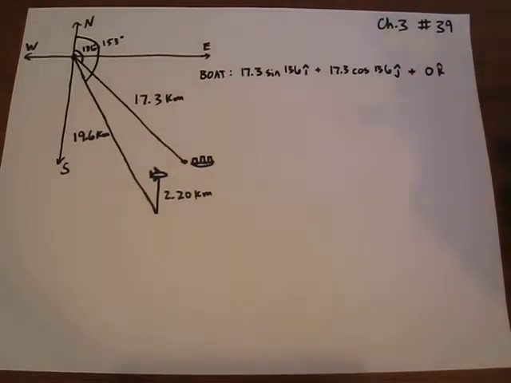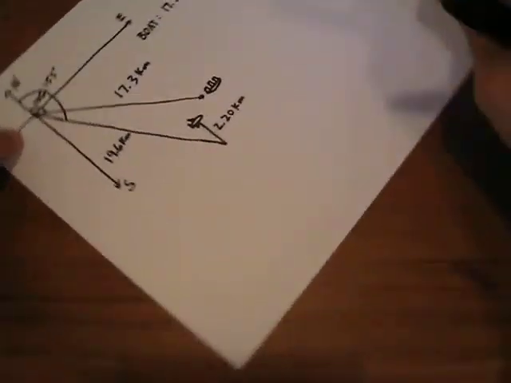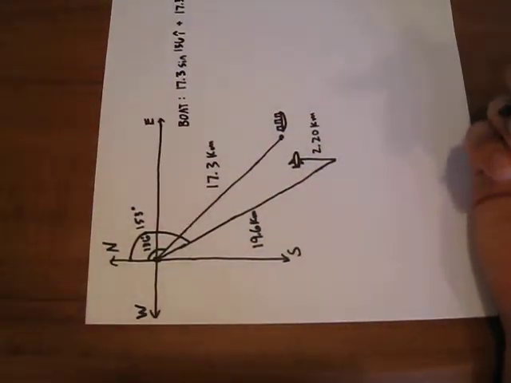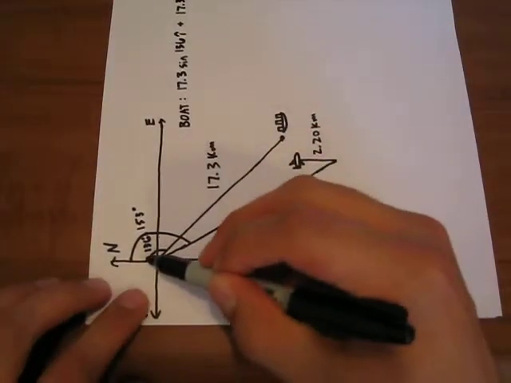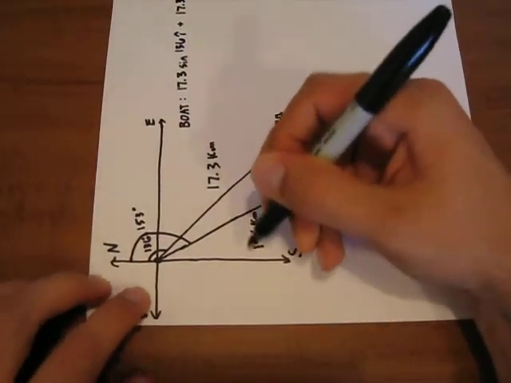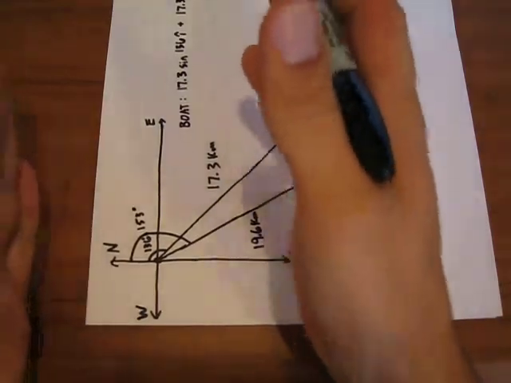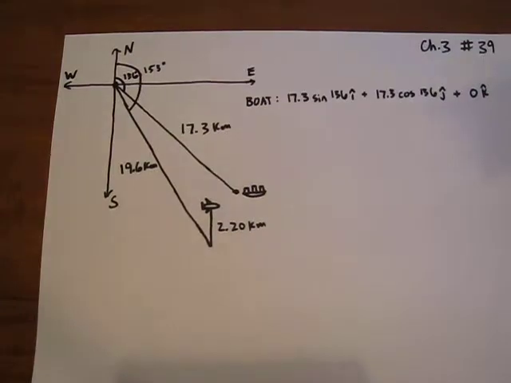And you notice that I chose to use sine of 136 in this case for the i-hat direction because, since it's coming from north, you have to look at the problem in a different way. See, if you took sine of 136 right here, you're going to get this direction, the y direction in this view, but in this view, it's actually the x direction or the i-hat direction.